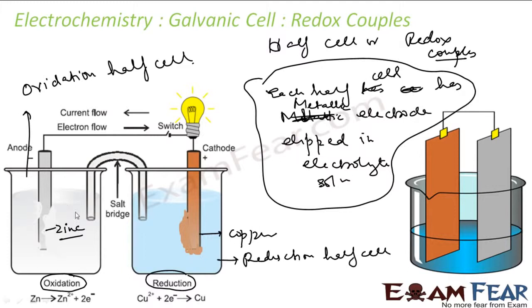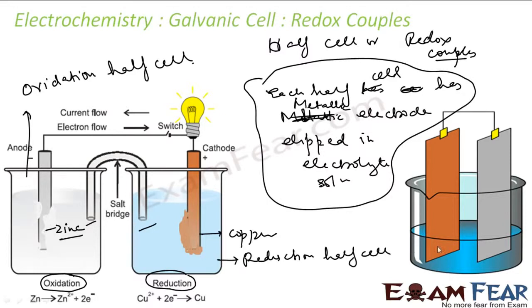Also note that these two half cells are connected by a metallic wire. This is my metallic wire. Right? They are connected by a metallic wire, and through this wire I can attach a bulb or a voltmeter or a switch. And the electrolytes of these two half cells are connected through a salt bridge.